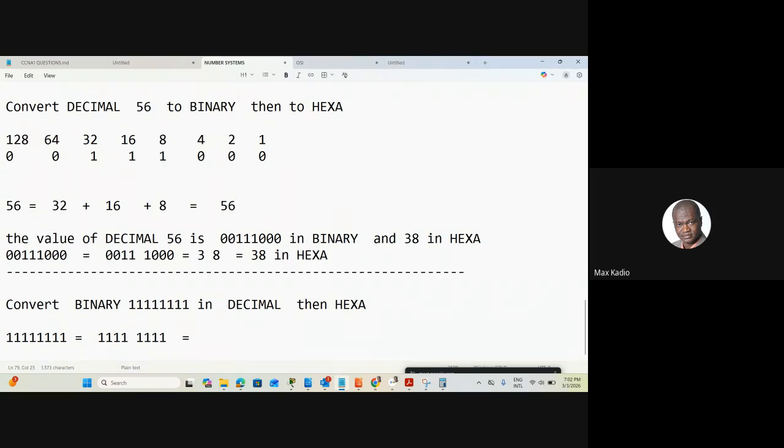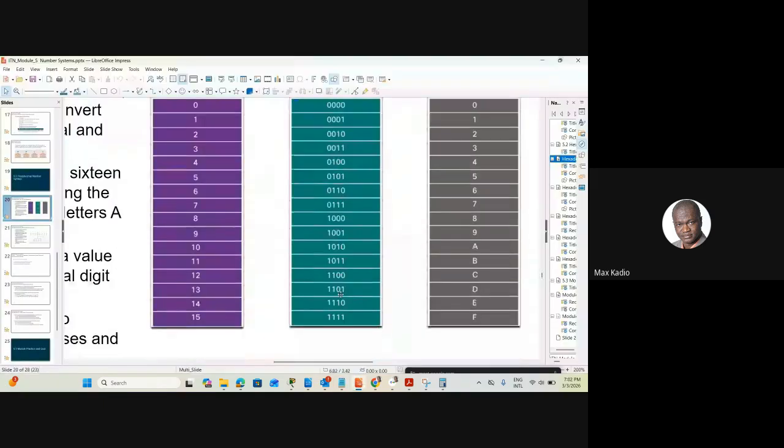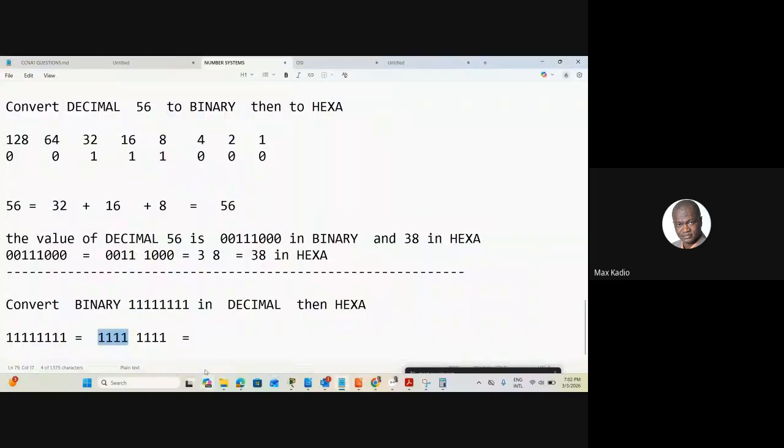Then you take your table, all ones here, you go in your table. You see, all ones here is F in hexa. So here it will be F. And again, the same thing, all ones is F. Then you join them.